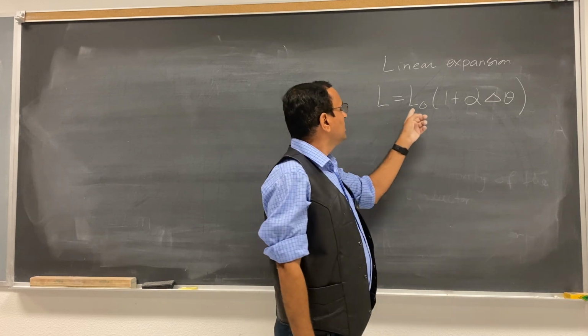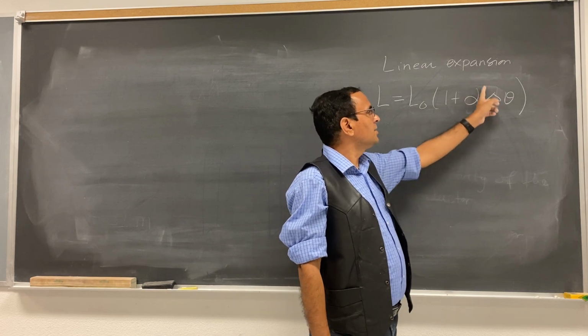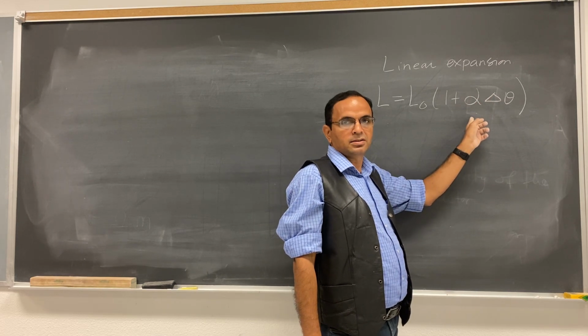The final length equals L0 times 1 plus alpha delta theta. This alpha is the coefficient of linear expansion.